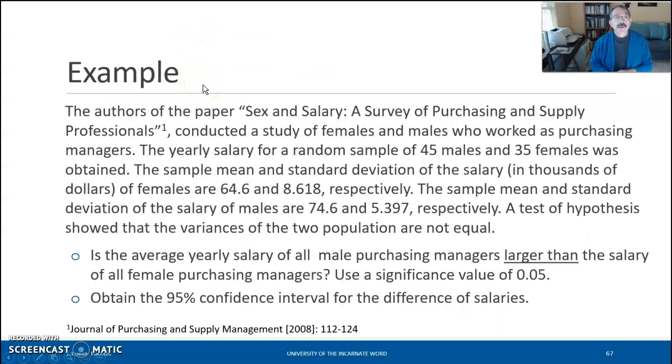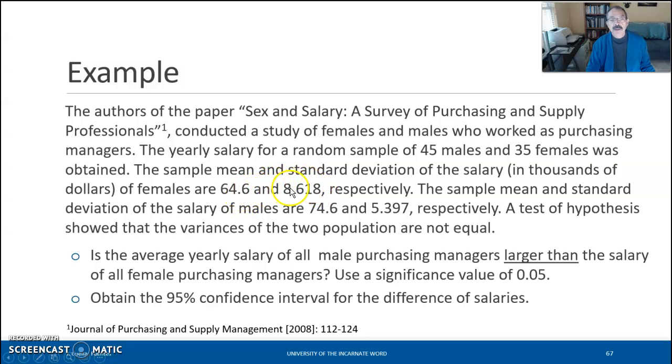Here's the example. The authors of the paper entitled Sex and Salary, a survey of purchasing and supply professionals, conducted a study of females and males who work as purchasing managers. The yearly salary of a random sample of 45 males and 35 females was obtained. The sample mean and standard deviation of the salary in thousands of dollars of female managers are 64.6 and 8.618.